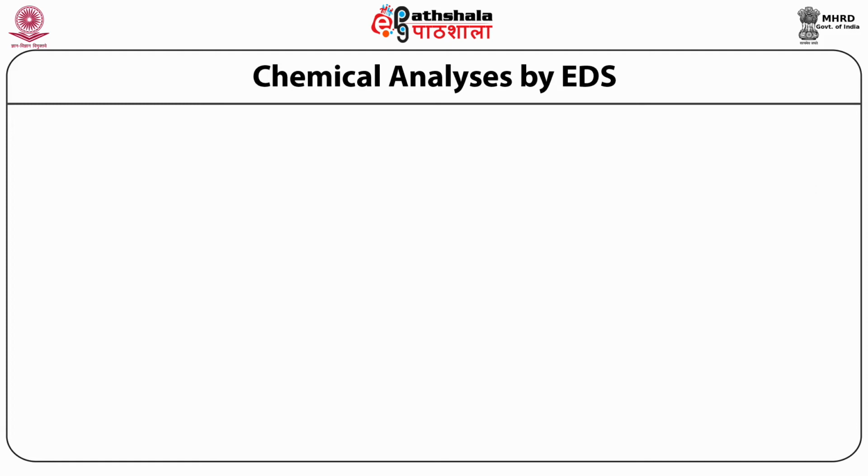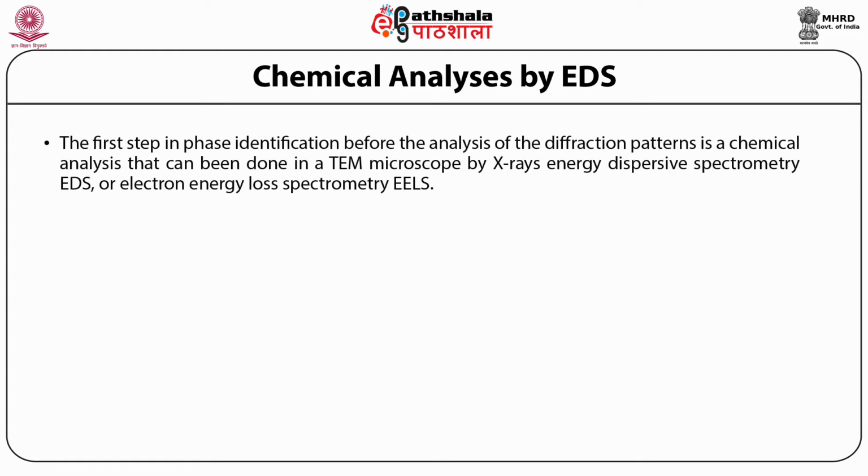Chemical analysis by EDS. The first step in phase identification before the analysis of the diffraction patterns is a chemical analysis that can be done in a TEM microscope by X-rays, energy dispersive spectrometry (EDS), or electron energy loss spectrometry (EELS).